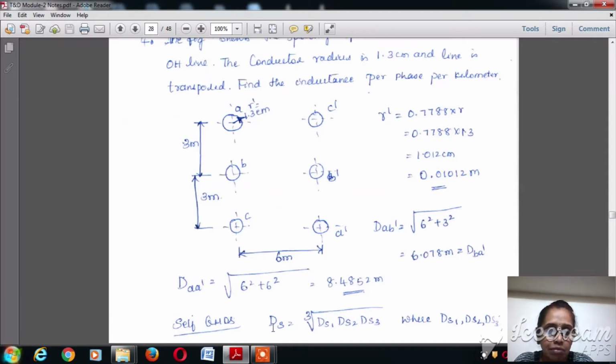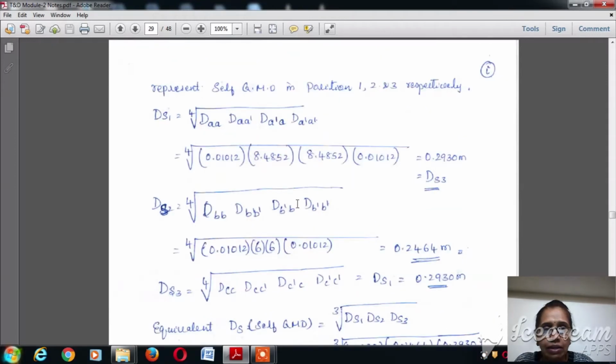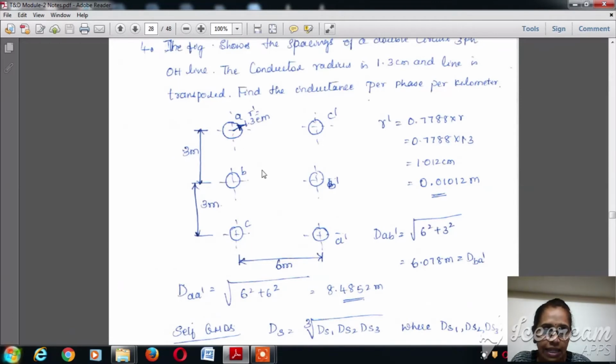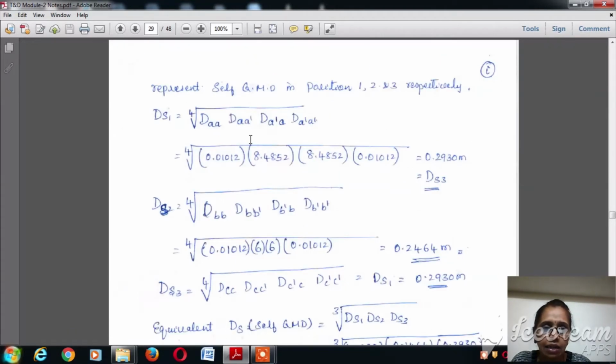Now what is self GMD? Self GMD is nothing but equal to DS, that is equal to cube root of DS1, DS2, DS3, where DS1, DS2 and DS3 should be calculated. They represent self GMD in the positions 1, 2 and 3 respectively. So DS1 is nothing but, we have derived the formula for this, 4th root of DAA dash into DAA dash into DA dash A into DA dash A dash, because it's a self GMD.